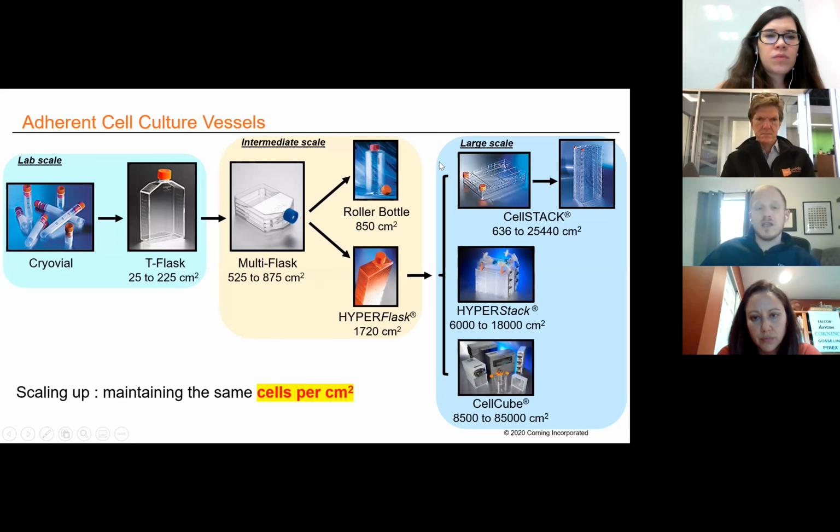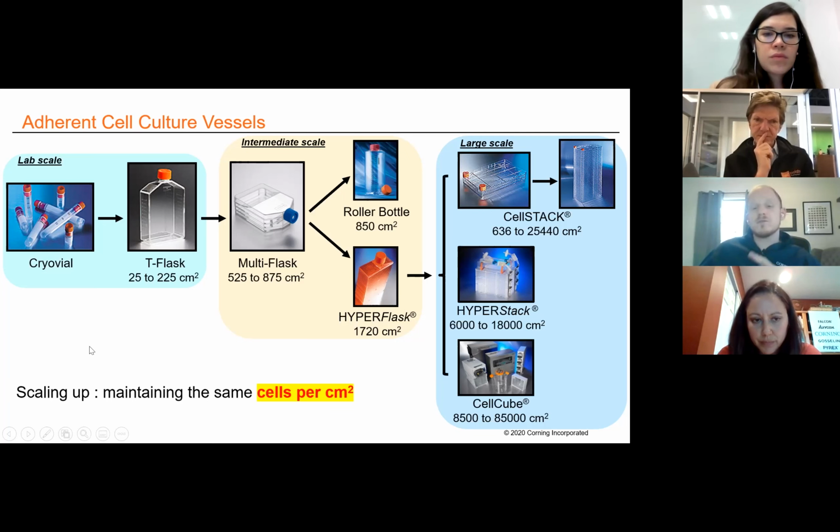And then moving into large scale, you may consider something like a cell stack. It's a multi-layer vessel, a hyper stack, which has even more surface area per volumetric footprint. And then even beyond that is the cell cube, which pairs with a bioreactor system. And then there's a few options that aren't on this slide that are even larger scale, things like fixed bed reactors and microcarriers.